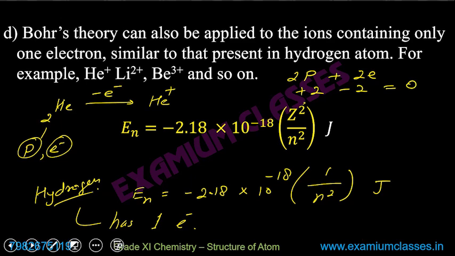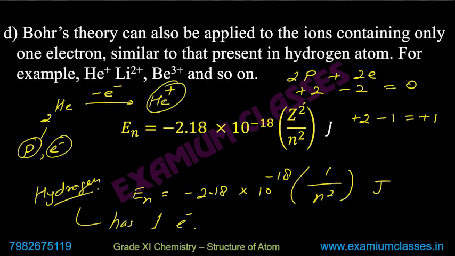But after losing 1 electron, you have 2 protons, only 1 electron. So total charge is plus 1. So that's why plus charge here. This He plus is hydrogen-like species because it has 1 electron only. Is that clear now? What I am talking about?